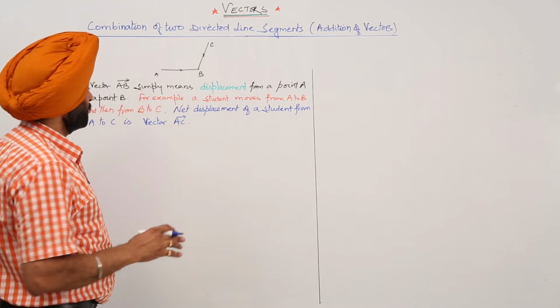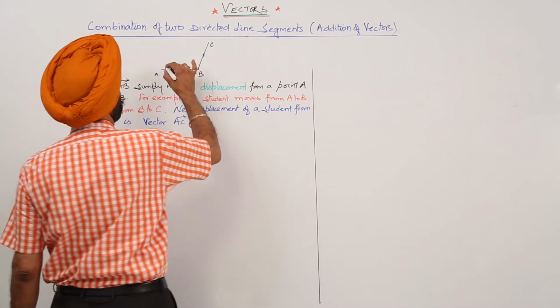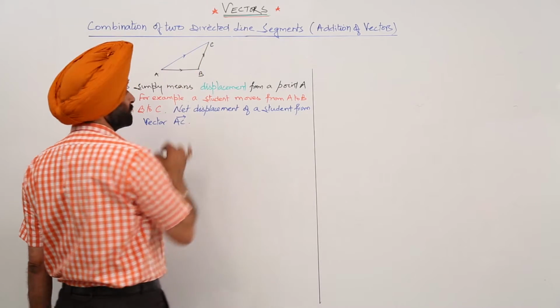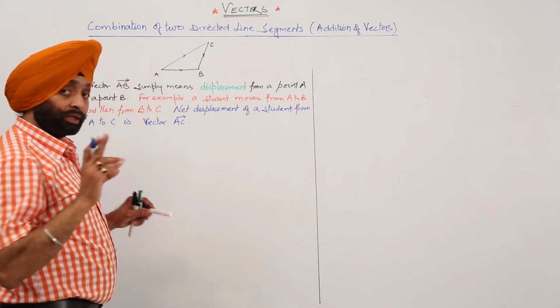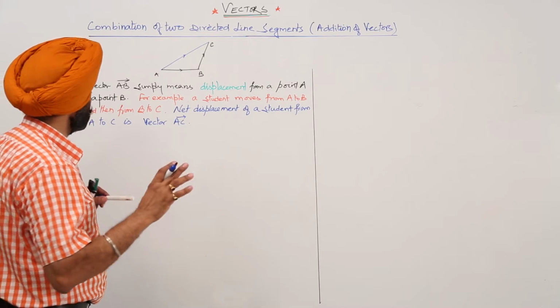Net displacement of a student from A to C is vector AC, or we can write it like this, in this direction. Again, this is in vectors, not in normal algebra or normal geometry.